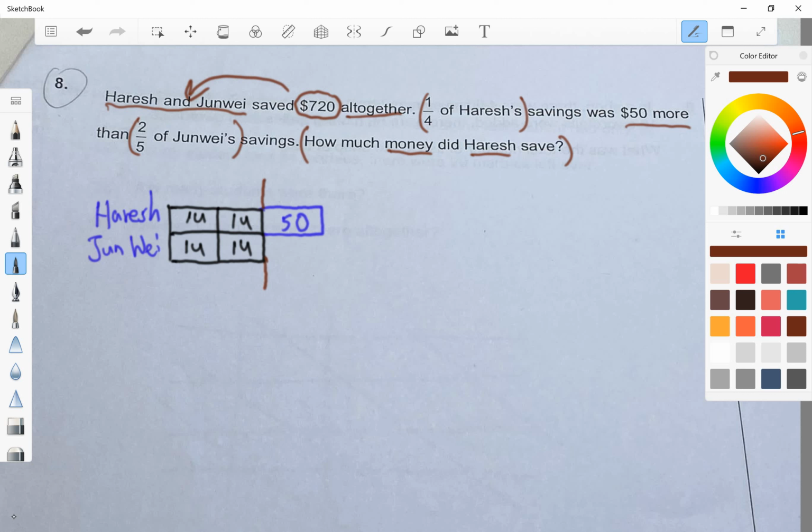And this 2 units and 50, I can actually call it one part for Haresh. And I'll have to complete the rest of the model. And it will be easier for me to complete the one for Junwei first.